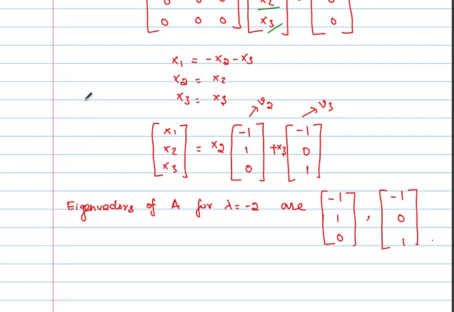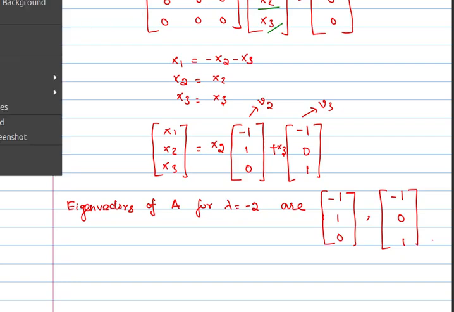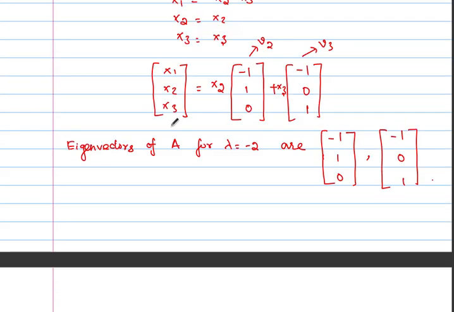So we can write the summary, the full answer, as follows. The eigenvalues of A are 1, minus 2, minus 2.